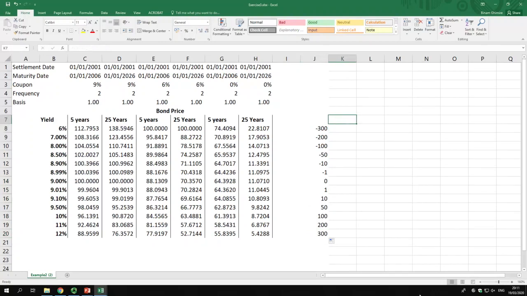Now of course my intention here is to understand the percentage change in the price of the bond. So here I have 1, 2, 3, 4, 5, 6 different types of bonds. In order to find the percentage change, what do I need to do? Equals: when it is 9%, what is the price?